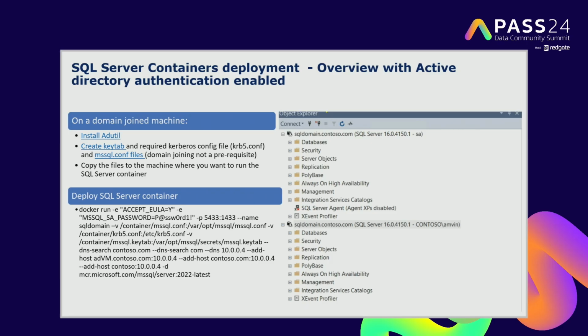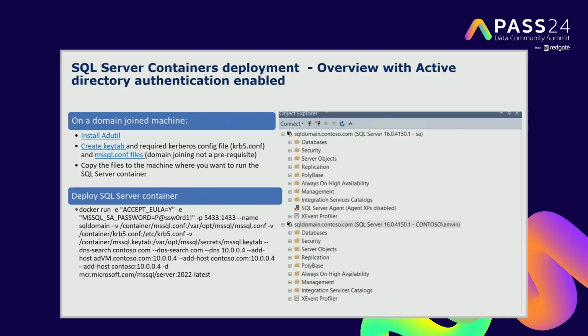For example, if I have to tell you, okay, let's run a container and enable Active Directory authentication for SQL Server, this is how easy it is. There is a utility that we've released called AD-util, and you just download the AD-util tool on a domain-joined box, which is probably a Linux box already joined to a Windows domain.